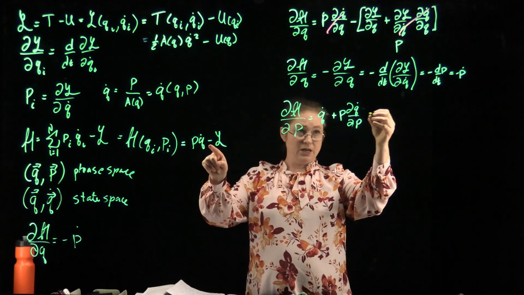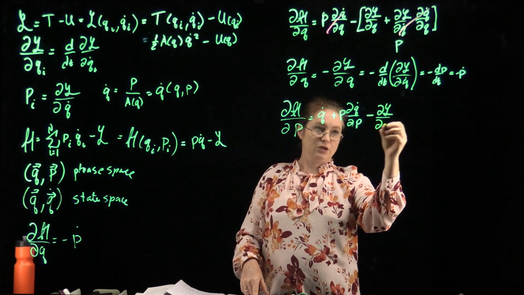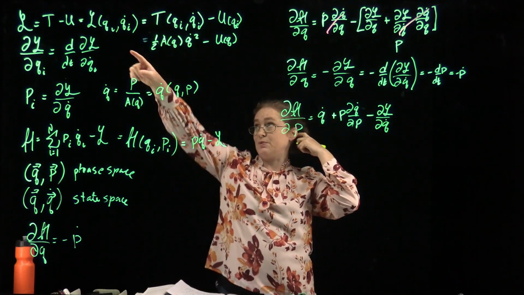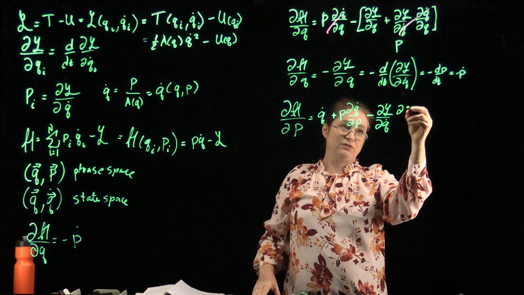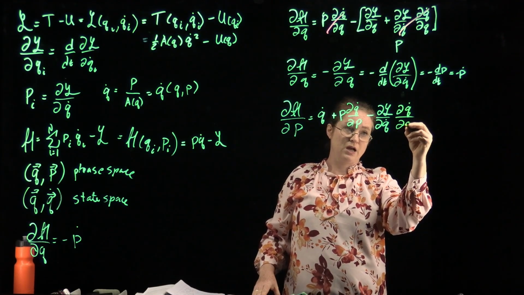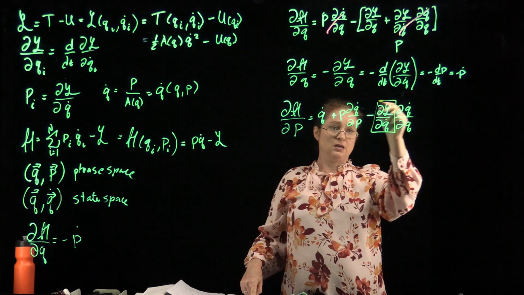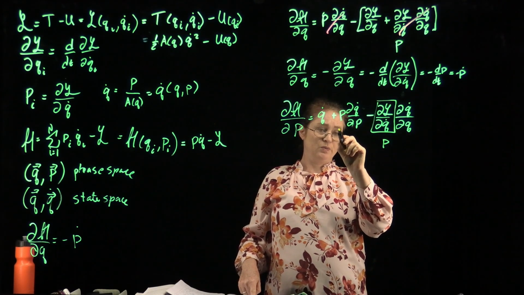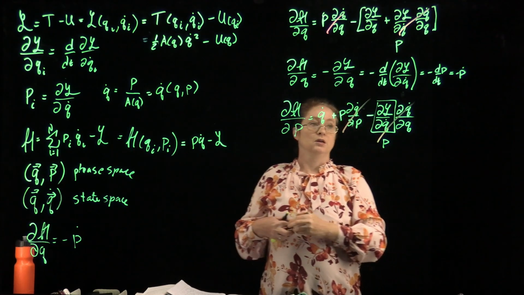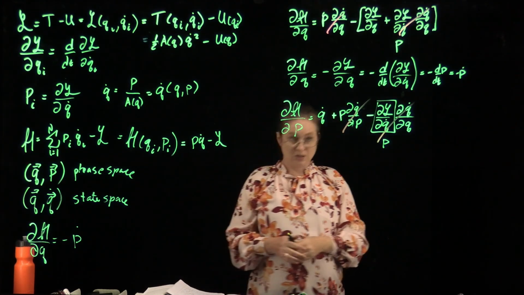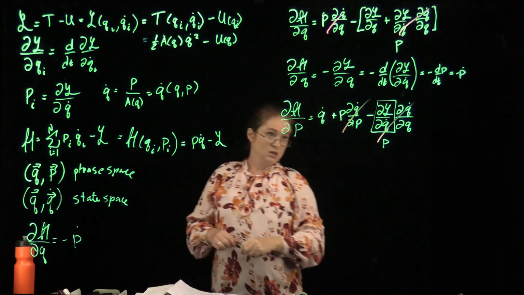And then here, minus partial L partial q̇, because there's no explicit dependence of the Lagrangian on the p, so we don't have to worry about the p term. And again, this is the generalized momentum, so these two terms cancel out. And we are left with partial H partial p is equal to q̇.